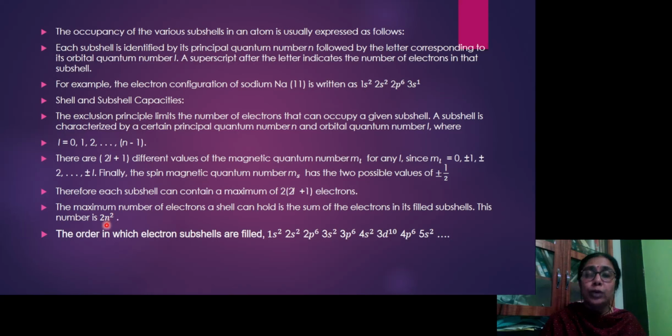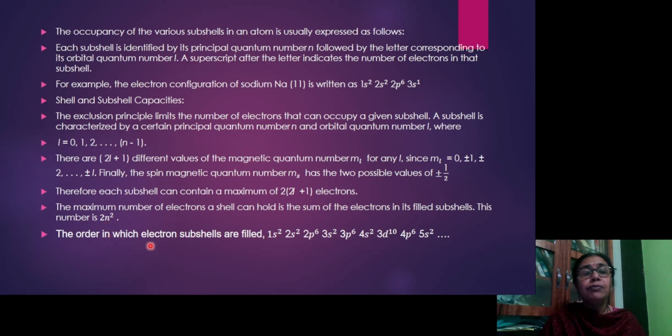So a maximum of 2 electrons are there in the first shell or K shell. If n is equal to 2, then 2 square is 4. So 4 multiplied by 2 means the second shell can have a maximum of 8 electrons, and so on.